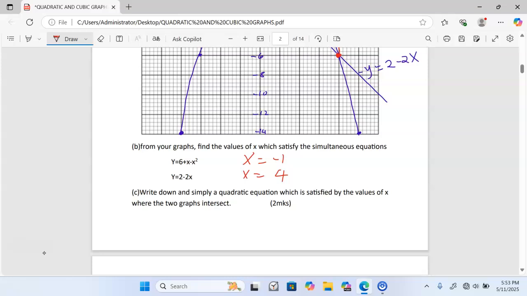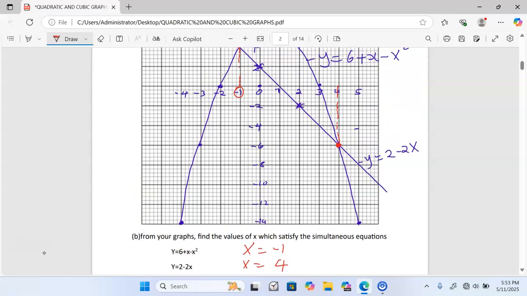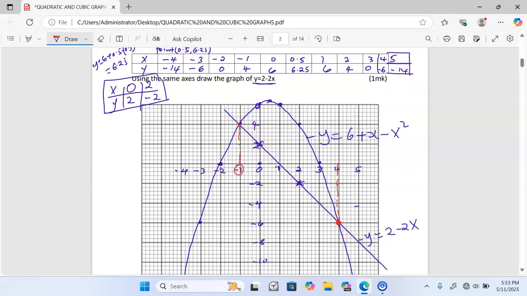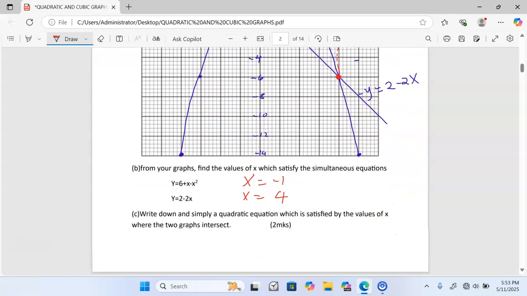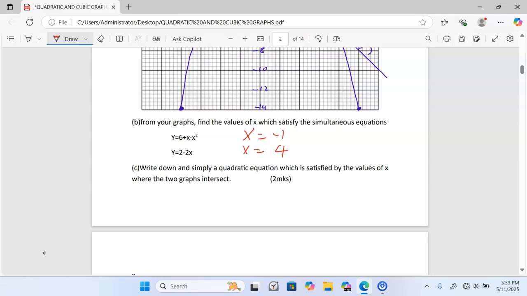Remember, at this point of intersection here, the curve and the line are equal, and therefore we are going to equate the two. That is, we are going to take 6 plus x minus x squared and equate it to 2 minus 2x.